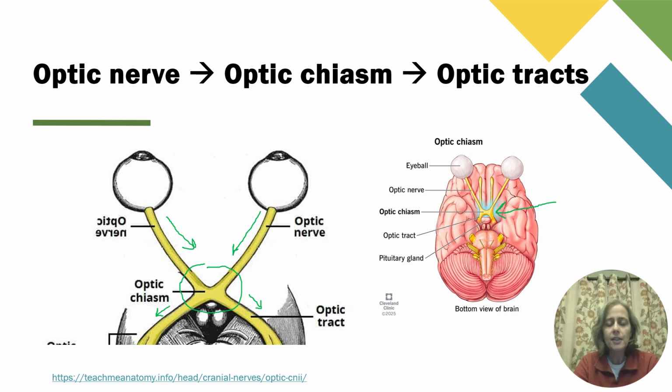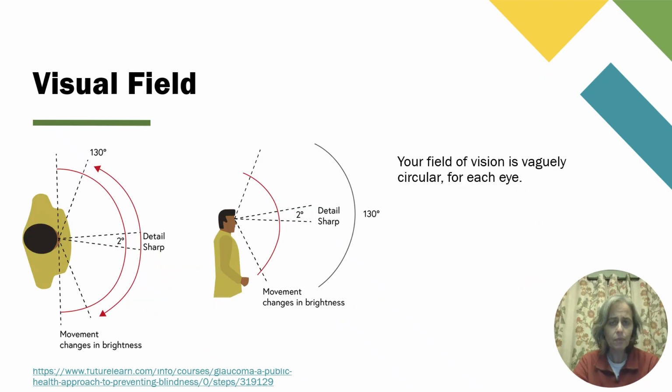Now, in order to understand how these axons travel through these different structures, we have to talk a little bit about visual fields. When you are looking out at the world, you do not see a square thing, like the image on your laptop.